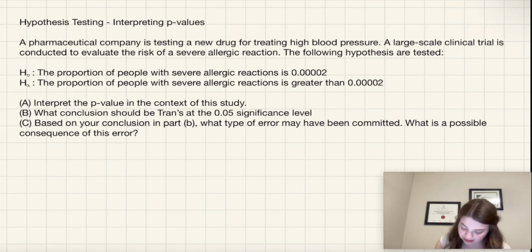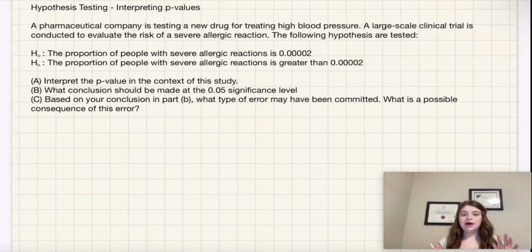I think this word "trans" is just there by mistake. We'll cross that out. But anyway, let's talk about what the conclusion should be in this scenario. Okay, so how can we decide what conclusion should be made at the 0.05 significance level?